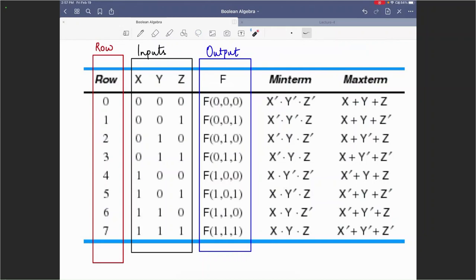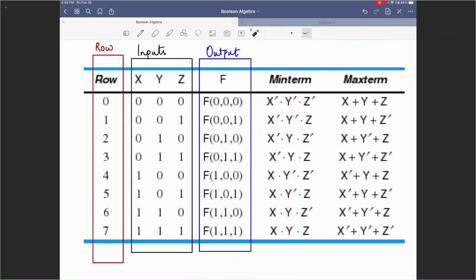F will have at most 2 raised to the number of literals. You mean the number of rows in this? Yes, the number of min terms or max terms. You are right. So at most 8 min terms, and that would be if everything here was 1.